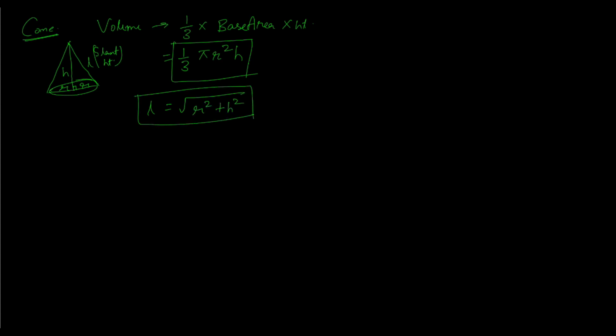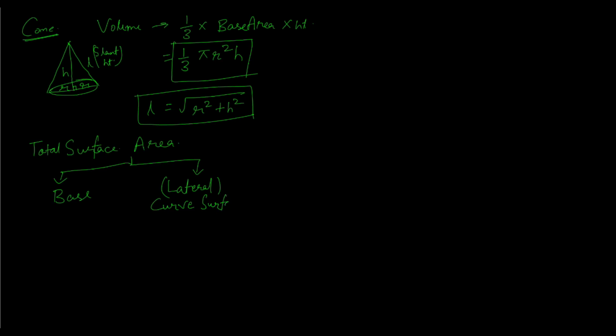Now this is important because the next thing that we have is the surface area. And here it becomes a little crucial and important to memorize. So total surface area will have two components in this also: base area plus lateral area. In this case, the lateral area will be called curved surface area, CSA. Now the base area is pi r square, right?